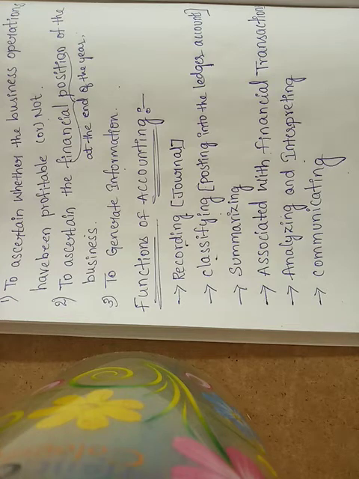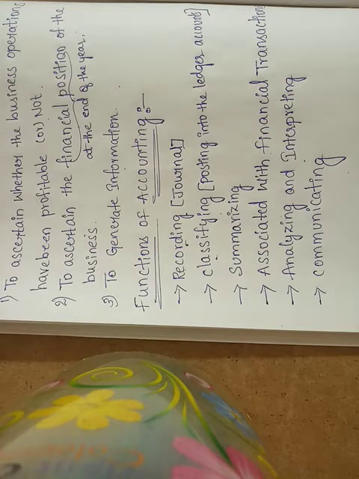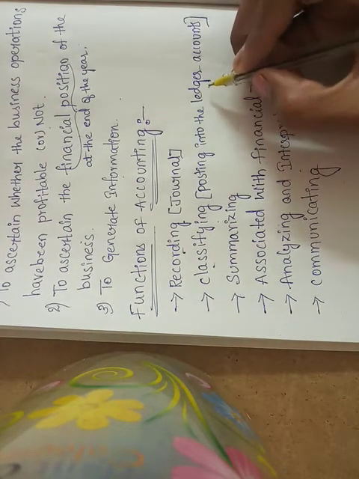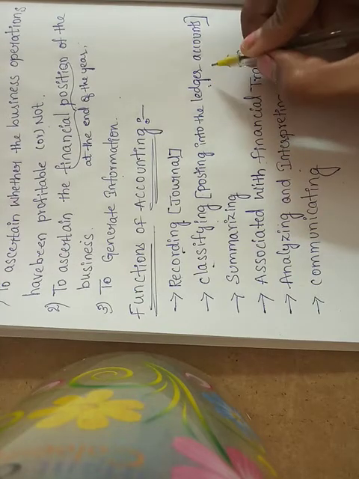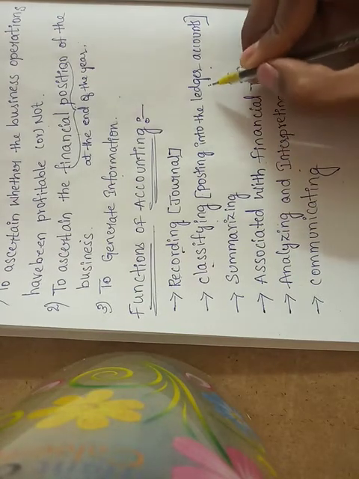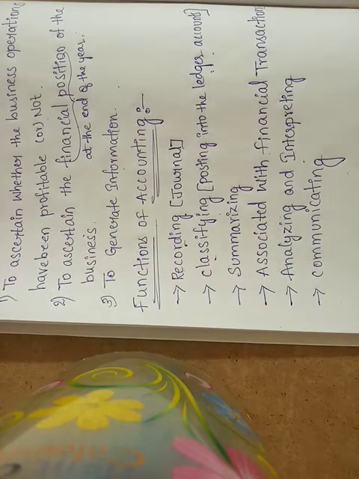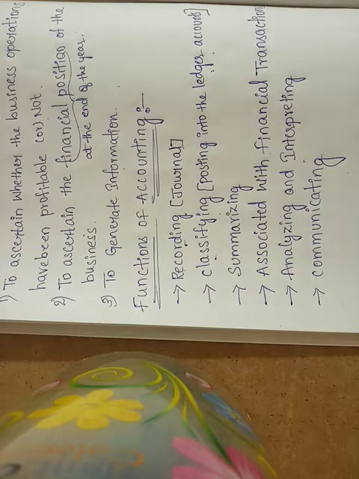This ledger account is a book where all the similar entries are recorded. This ledger contains different accounts on different pages, and accordingly related entries are recorded under one particular account. Suppose we have to prepare the purchase account.